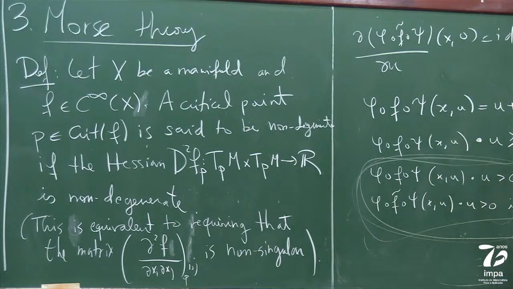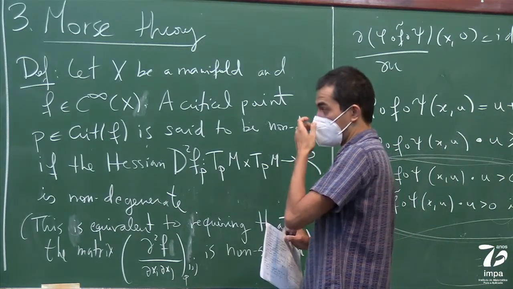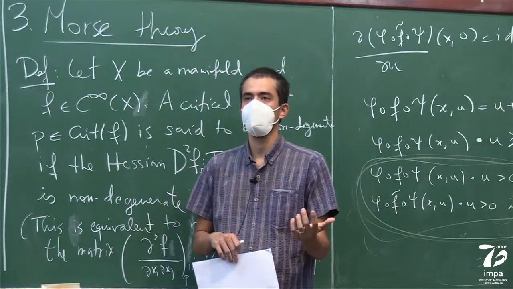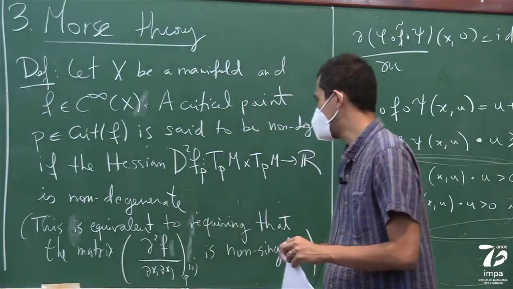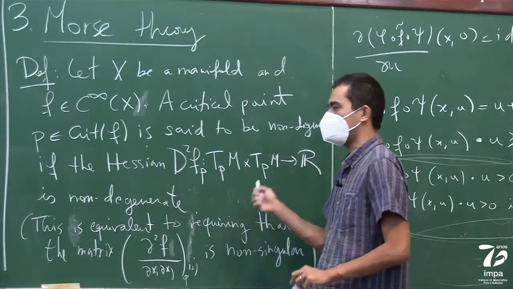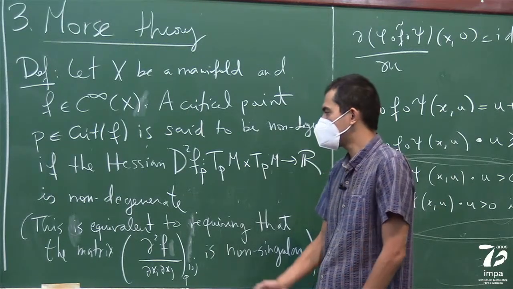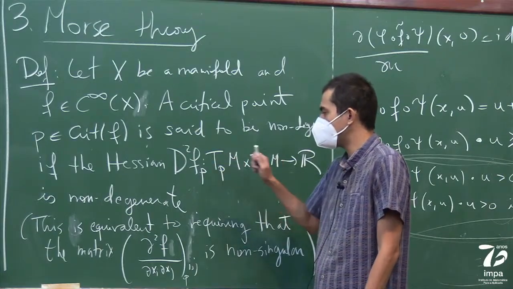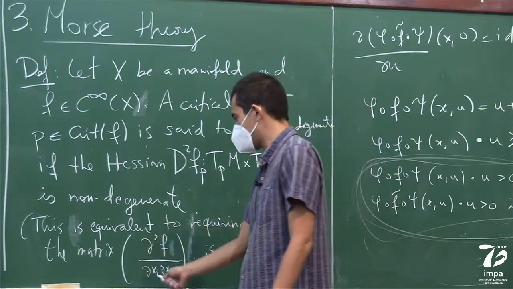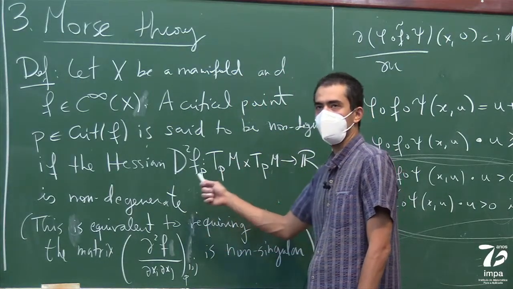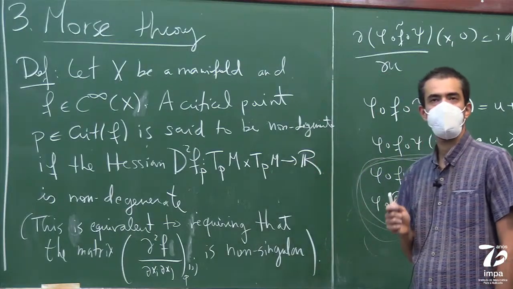But this matrix is only well-defined when you pick charts. So when you look at your function in a chart, then you can look at the second derivative matrix. And that matrix being non-singular is equivalent to this bilinear form being non-degenerate. One of the ways to define this is by taking this matrix and multiplying by a vector in charts, and then you take the inner product with the other vector. So that will give you this.